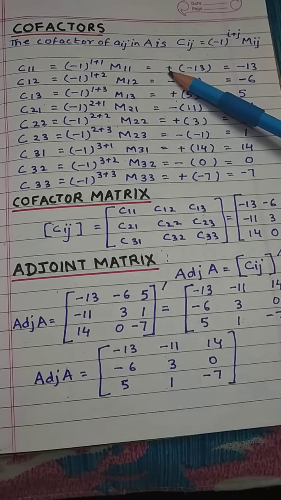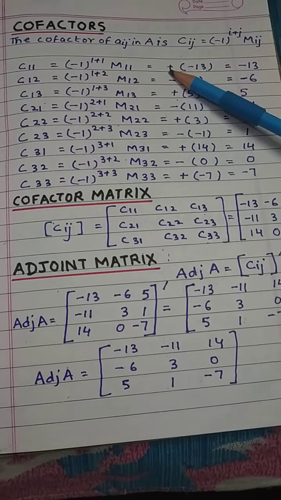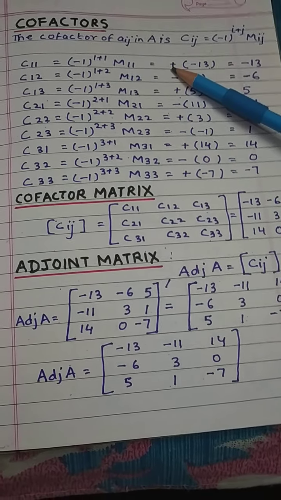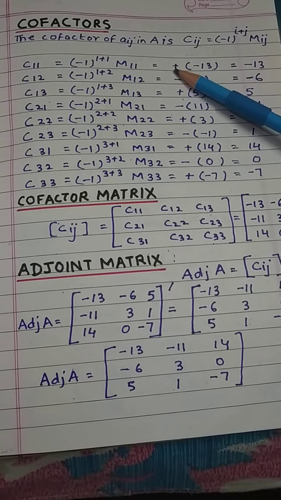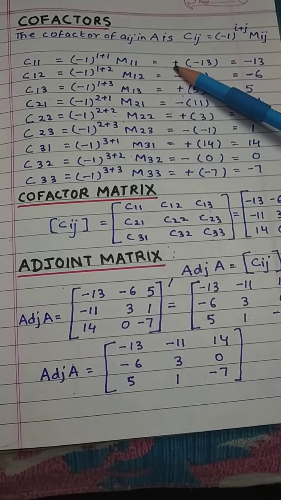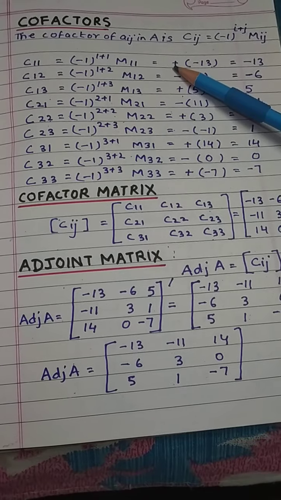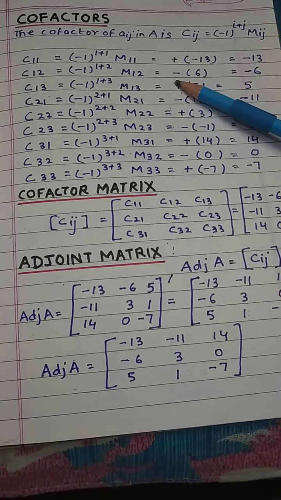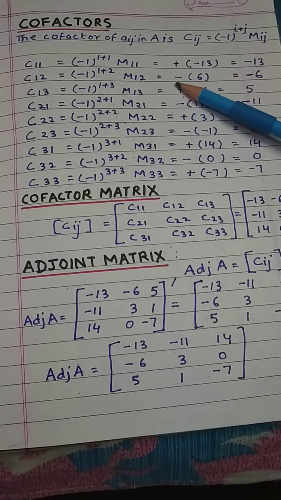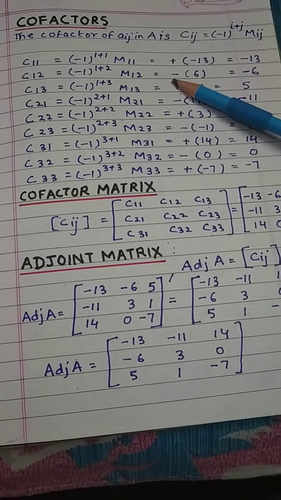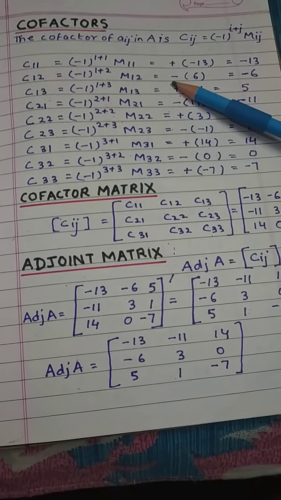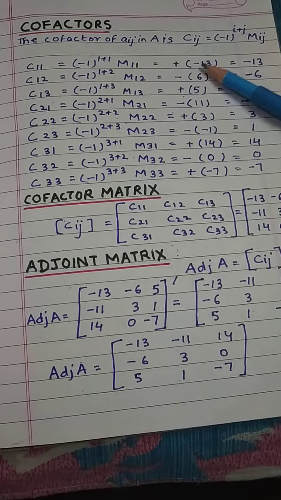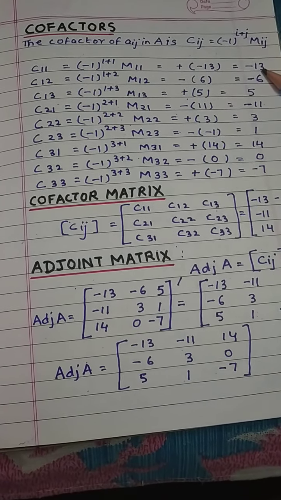Minus 1 raised to an even power is always plus and to an odd power is negative. Since 1 plus 1 is even, we will get plus. Plus means there will be no change in sign. Minus means that plus will become minus and minus will become plus. Plus is outside, inside is minus, it will remain minus.